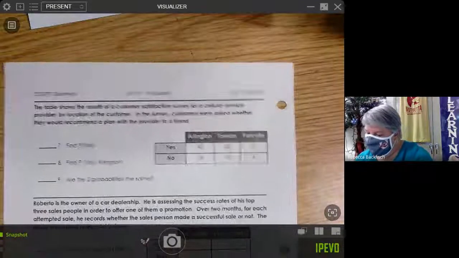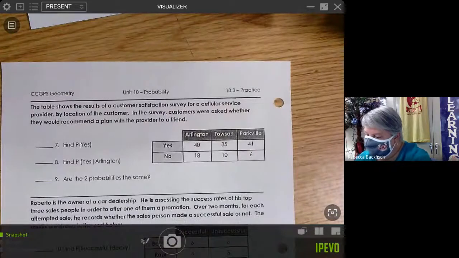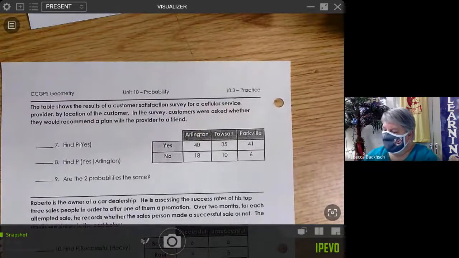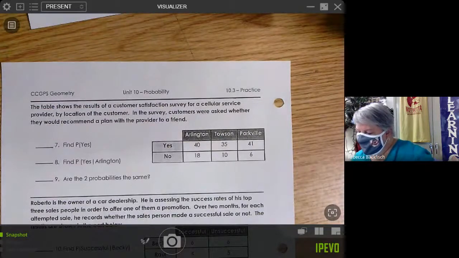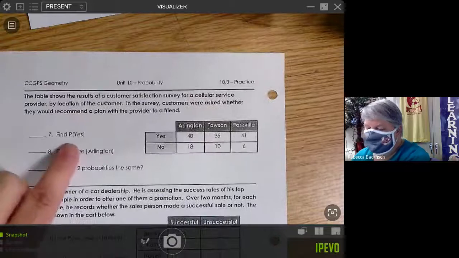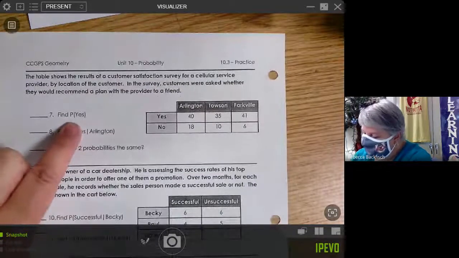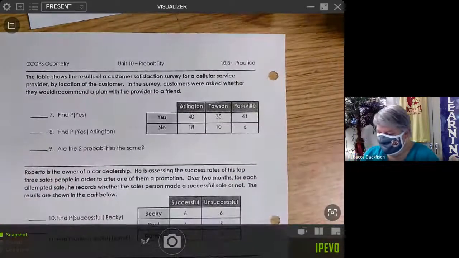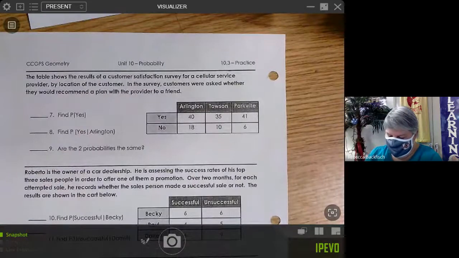The table shows the results of a customer satisfaction survey for a cellular service provider by location of the customer. In the survey, customers were asked whether they would recommend a plan with the provider to a friend. Find the probability someone said yes. That's implying out of everybody. So let's go ahead and get our totals columns and rows.